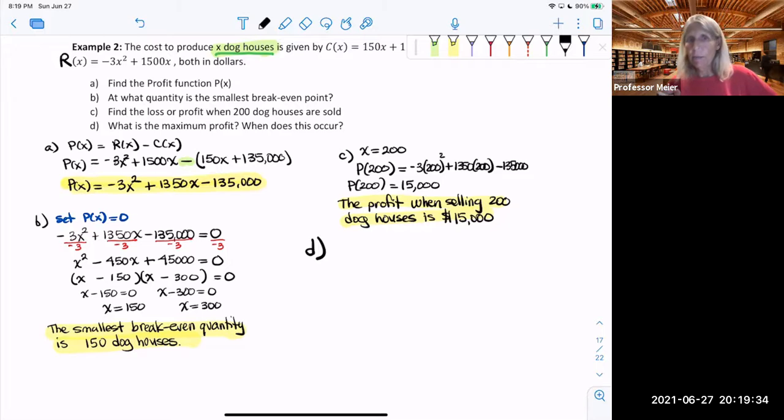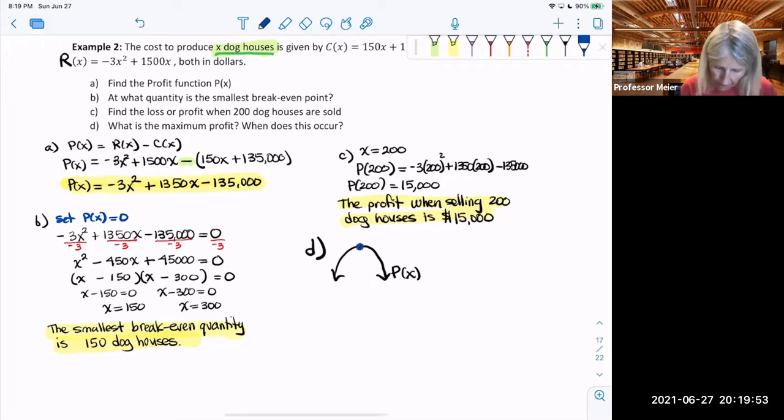It's -3x squared. So if the leading term on your quadratic is negative, that means the graph of it looks like this downward parabola like this. So this is what your profit function looks like. Some downward shaping parabola. So if you want the maximum of this, what you are looking for is the highest point.